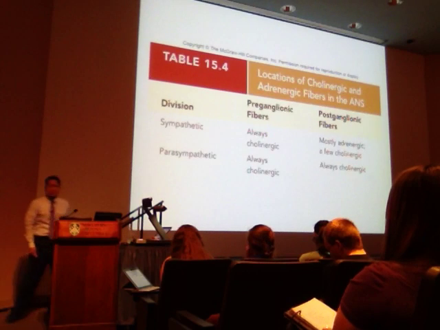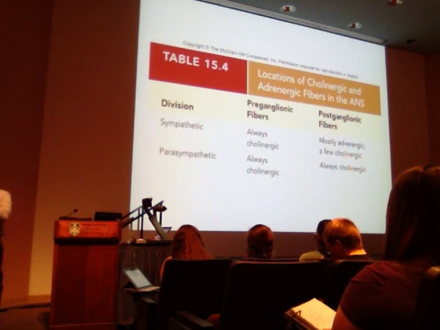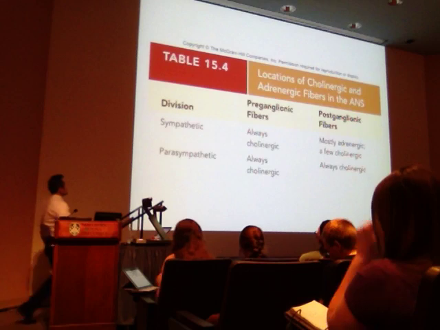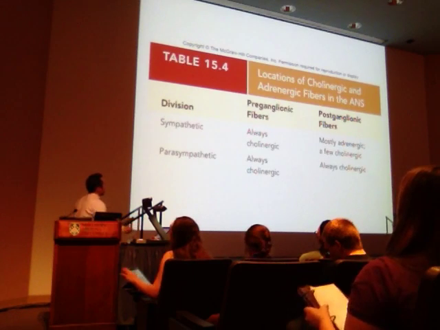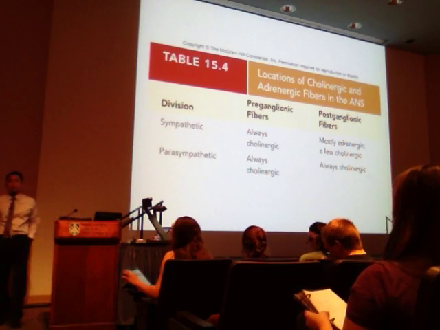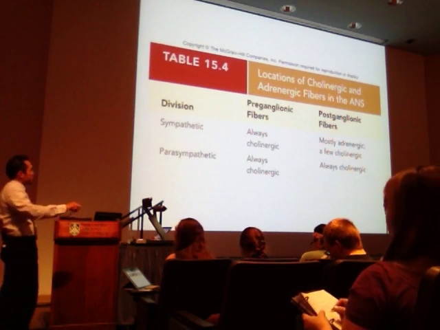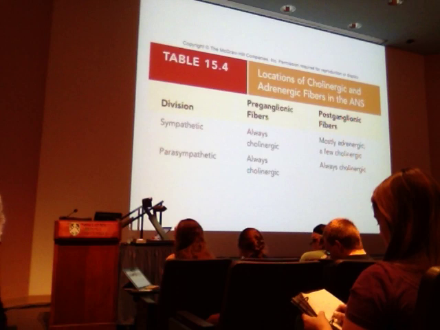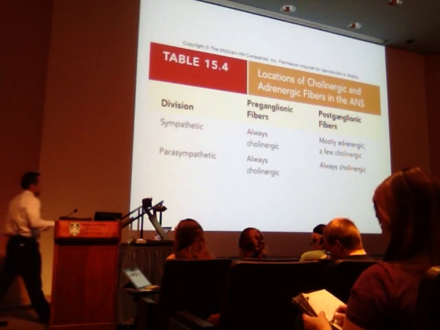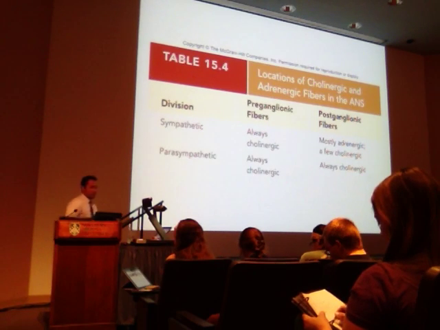Okay, so now let's answer the question that was being posed a little bit earlier. Is, okay, how do I classify these guys? Well, in our sympathetic division, we're going to see our preganglionic fiber is always going to be cholinergic in style. And we see that our postganglionic fiber is typically adrenergic, and every now and then we'll see a cholinergic type.